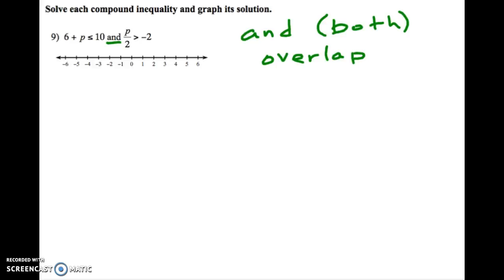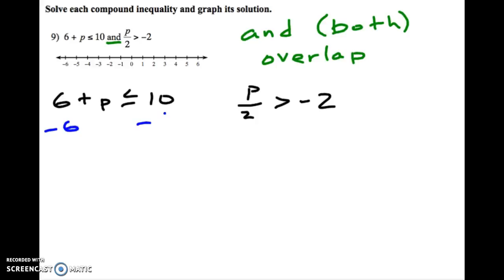Since they don't give us a lot of space to work on, I'm going to rewrite the equations underneath. So we got a little room to work with. Solving the equation on the left, we're going to subtract that 6.